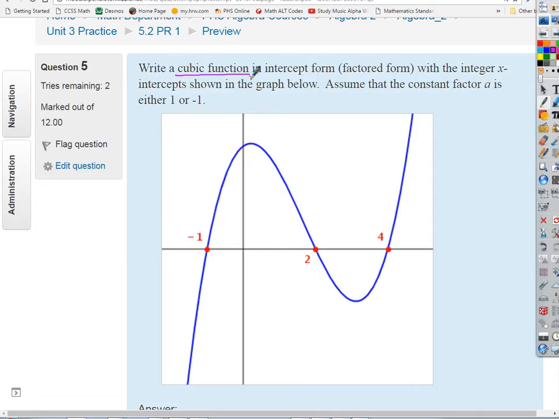What's normal behavior for an odd function, like x cubed, x to the 5th, x to the 1? What's that look like? Even was this. What's odd? One side goes up. And which side goes up? The right side goes up, so it's like this. That's normal odd behavior, but what if it does that?